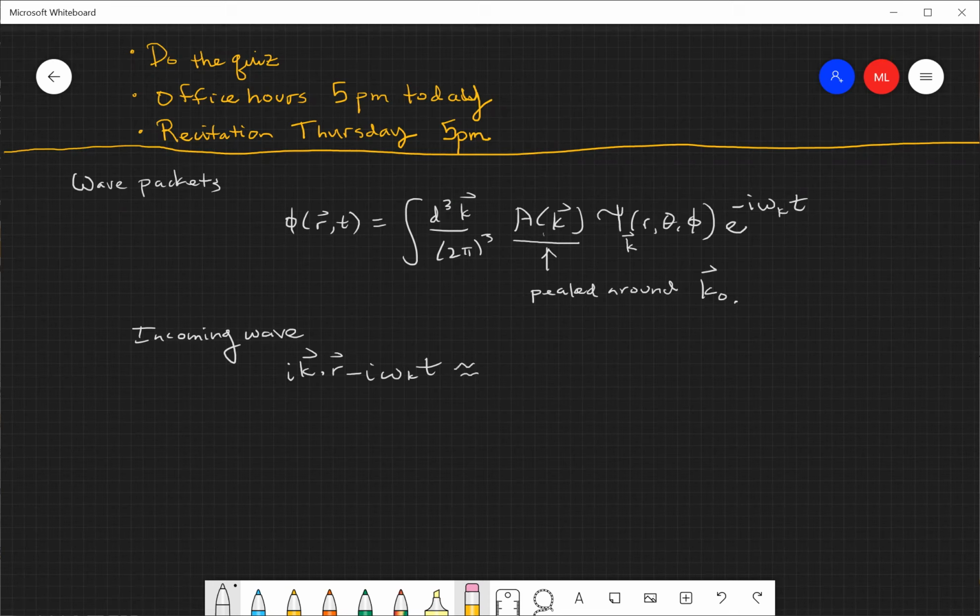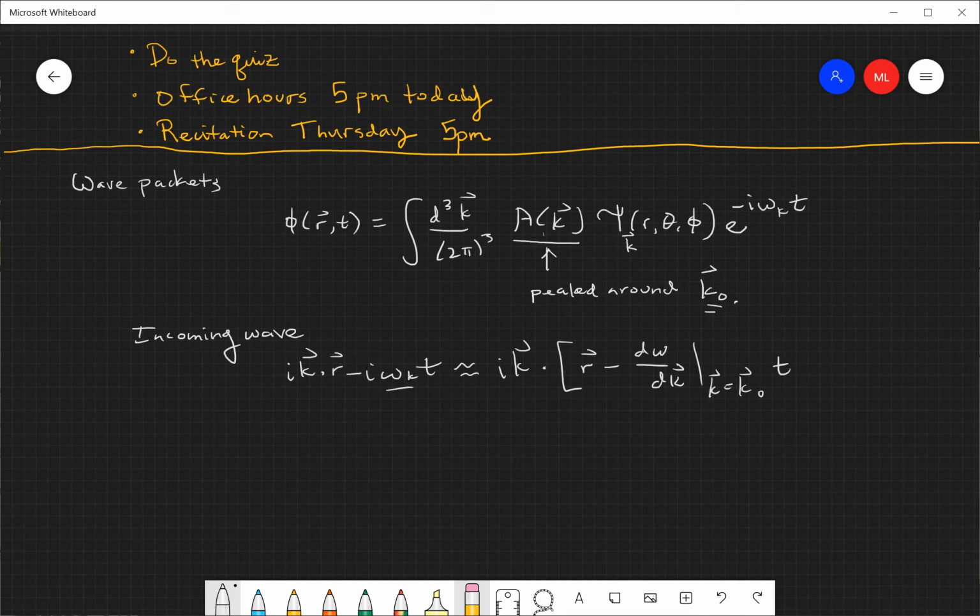If you do that, a Taylor series, we've done these kinds of expansions before, what you end up getting is that your coordinate just gets shifted by a velocity that's given by the initial momentum.